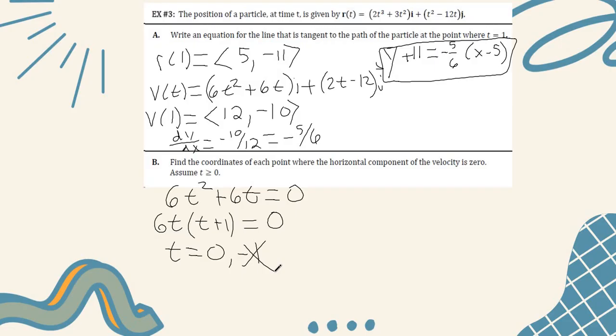So I need to then plug that back into what? If I plug in 0, what do we get for r? We get 0, 0. So at the origin, our velocity is 0.